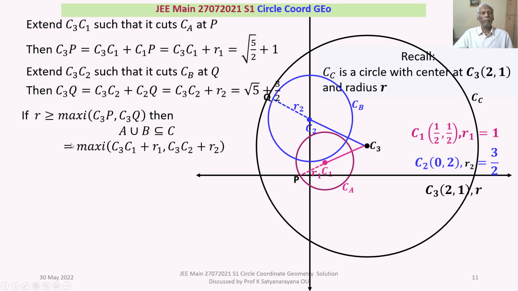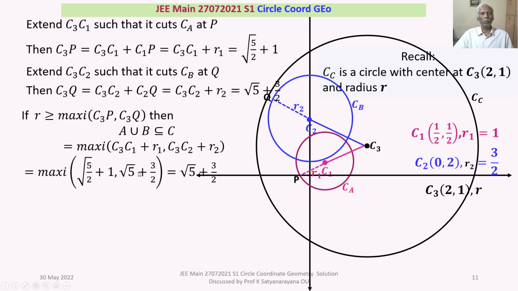So R is greater than or equal to the maximum of C3P, which is C3C1 plus R1, and C3Q, which is C3C2 plus R2. That is the maximum of root 5 by 2 plus 1 and root 5 plus 3 by 2.